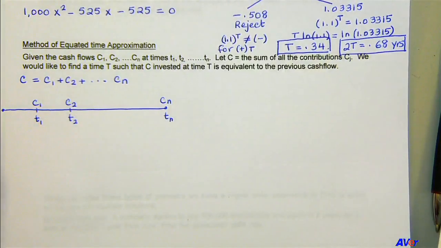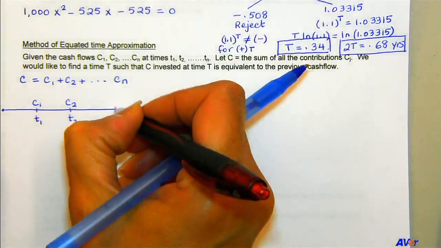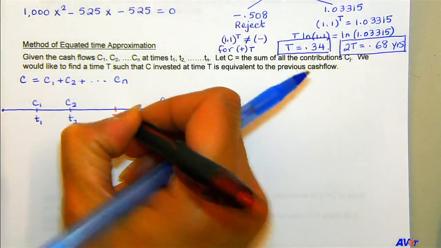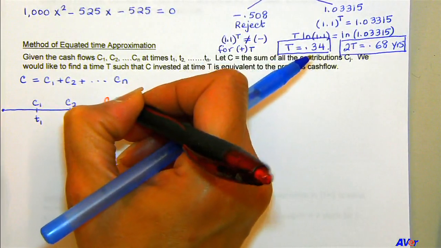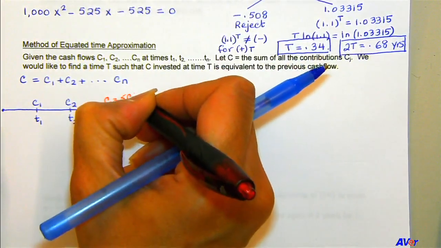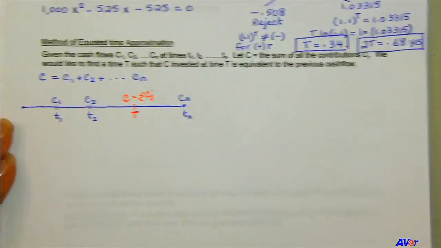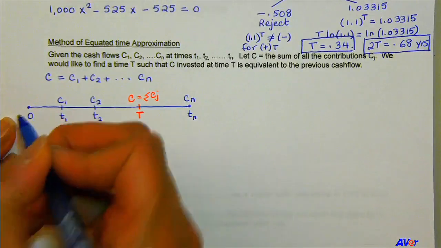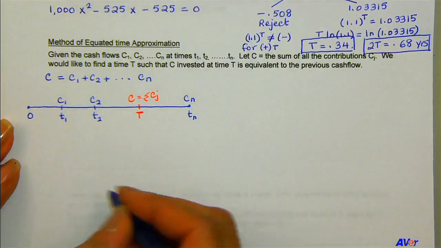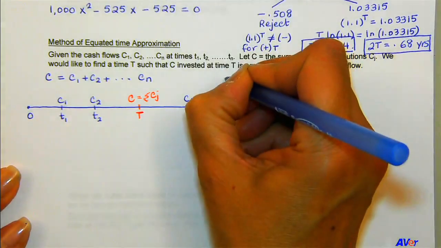And then at some time T, which of course I'm looking for, I have C, which is the summation of Cj, whatever we called it before. This is time 0. So I can write an equation, right? My equation is the following.